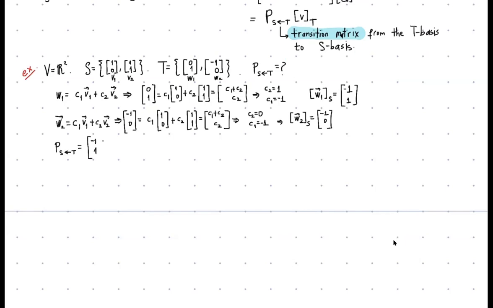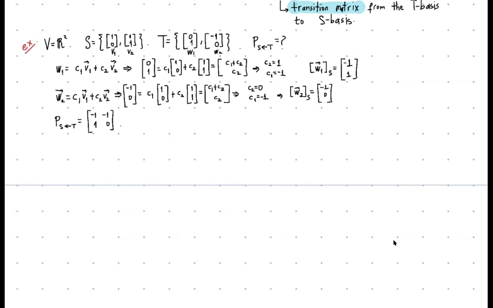Now, what is the use for this matrix? What does this do? This matrix, so if you take a vector and compute its t coordinates, then to compute its s coordinates, all you have to do is multiply the t coordinates of the vector by this matrix.